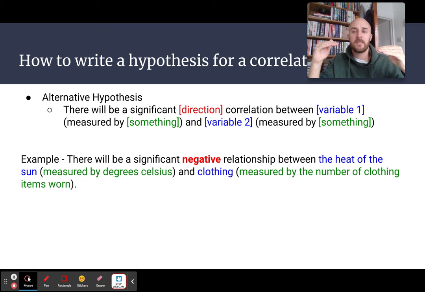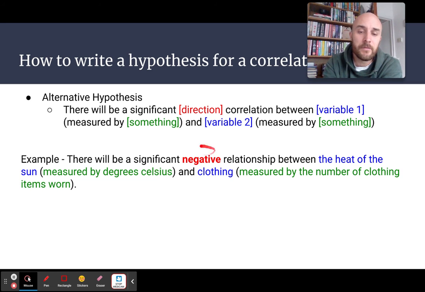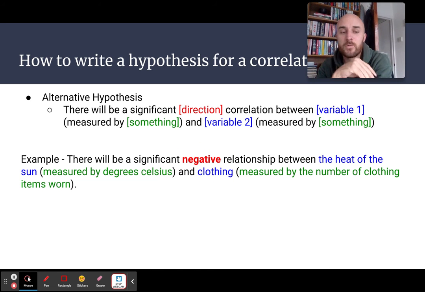So it's saying that when one variable tends to go up, the other one tends to go down, although one's not causing the other. So there will be a significant negative relationship between the heat of the sun, measured in degrees Celsius, and clothing, measured by the number of clothing items worn. Both of those in green, both of those are numbers.